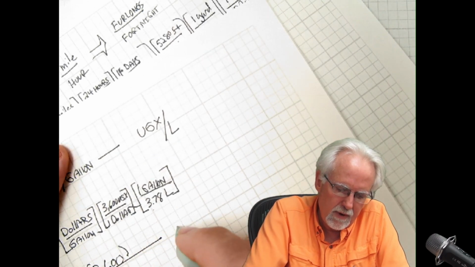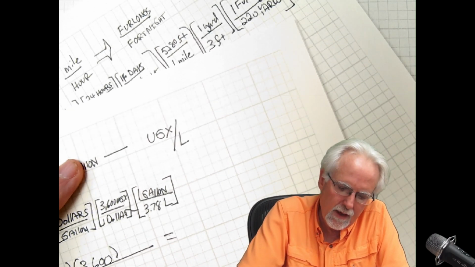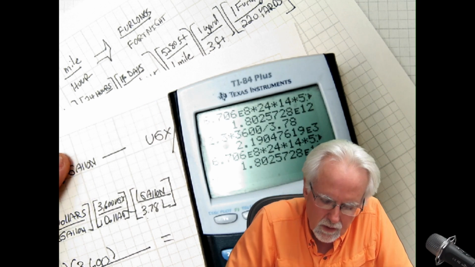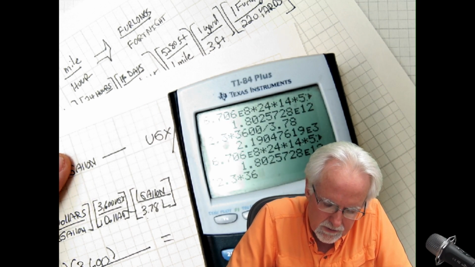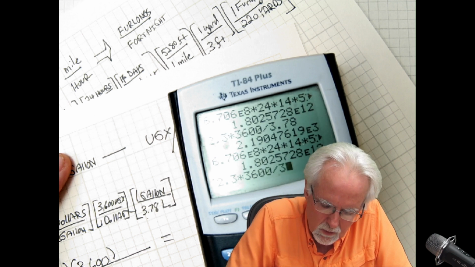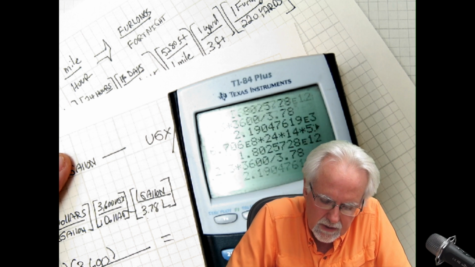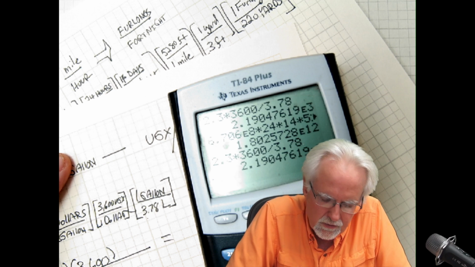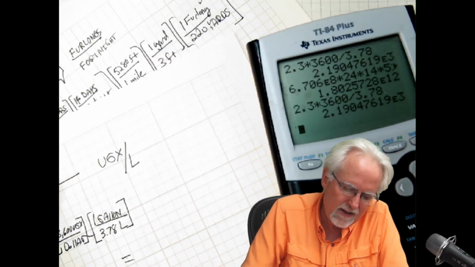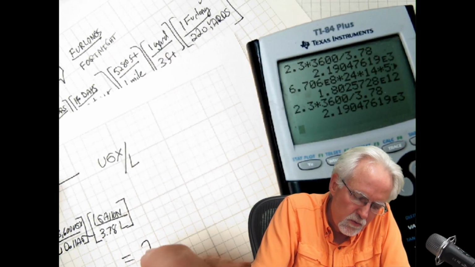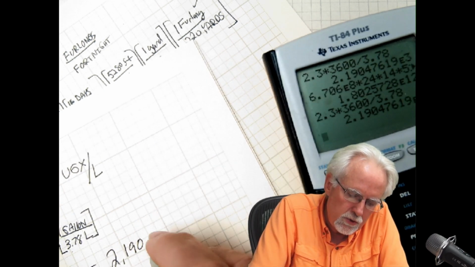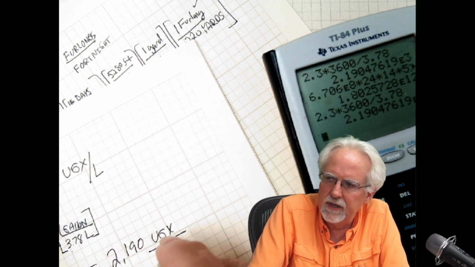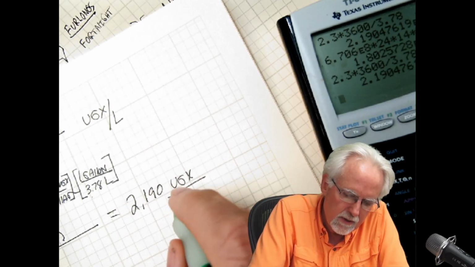And then what am I going to get? 2.3 times 3600 divided by 3.78 is equal to 2,190. 2,190 UGX, Uganda shilling, per liter.